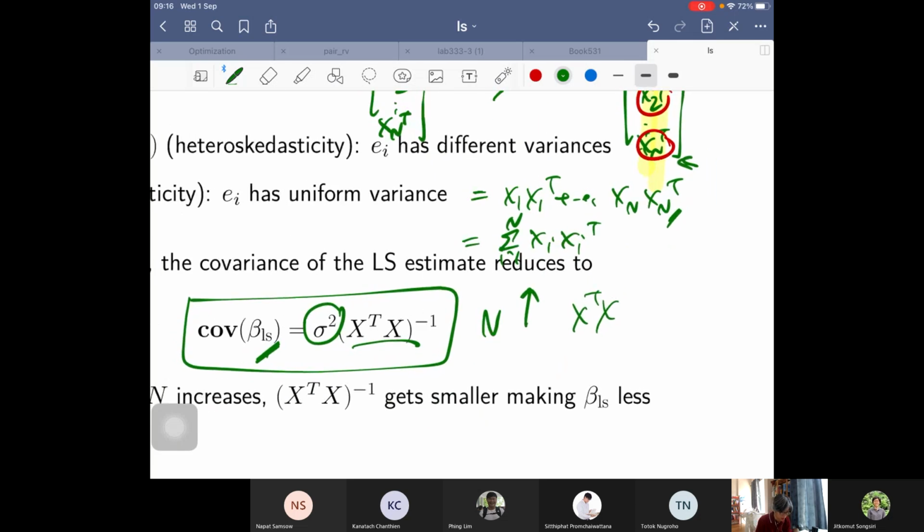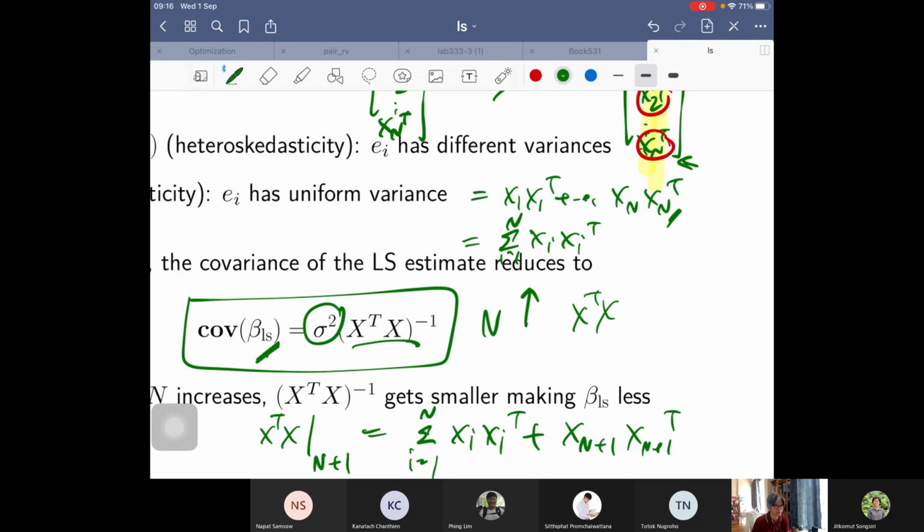Yes, right? Because if I use n plus 1 data points, I can also write it like this, plus xn plus 1 xn plus 1 transpose. Everyone see this?